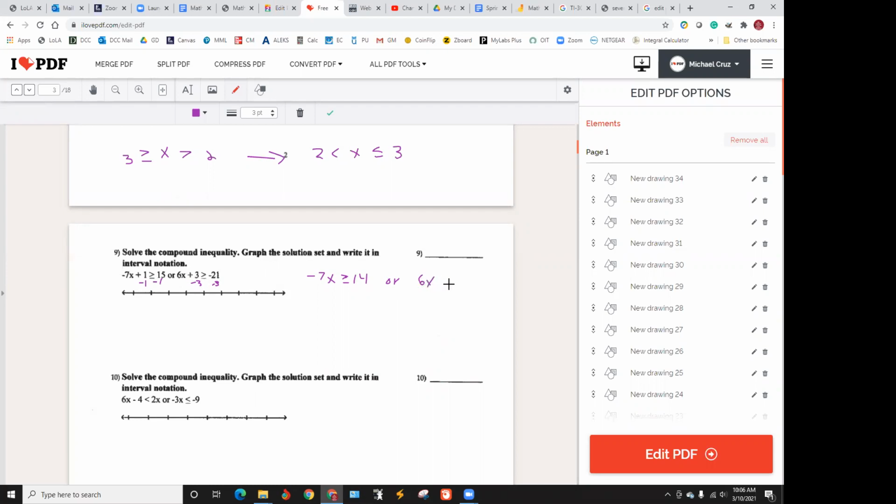Let me just check here. All right, and since this one is negative, this one's going to turn around. So x is less than or equal to negative 2. Is that what you said?